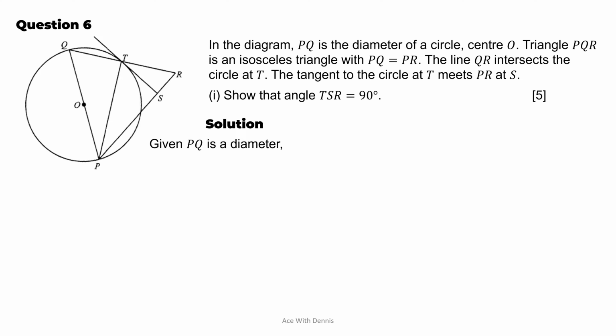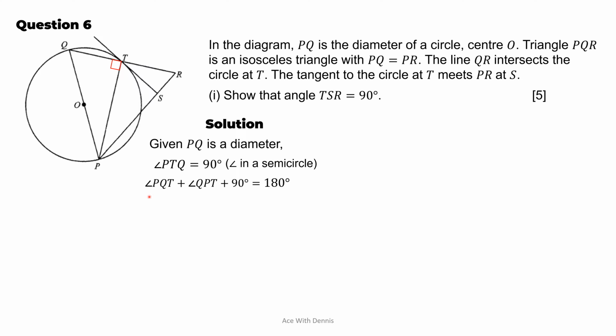Here's the solution. Given PQ is a diameter, therefore angle PTQ equals 90 degrees, as this is the property of a diameter, which means angle in a semicircle. We can now label this angle as 90 degrees.